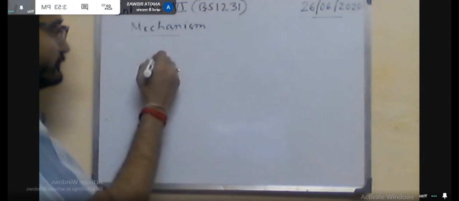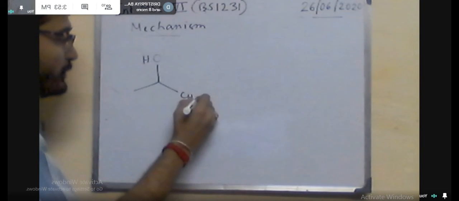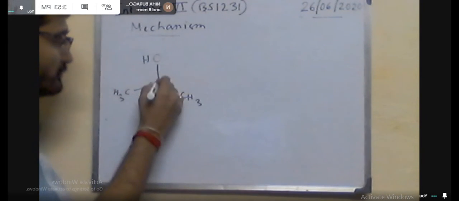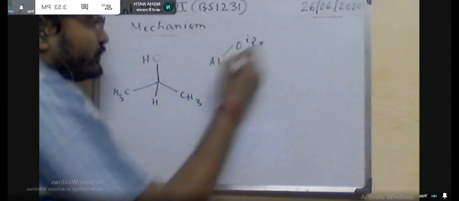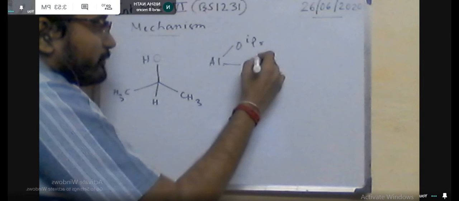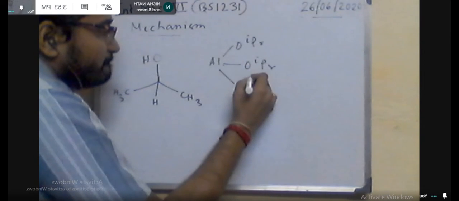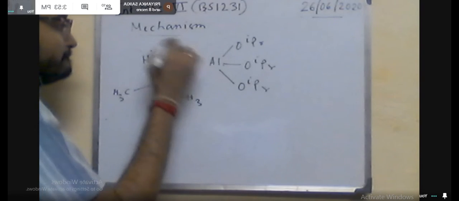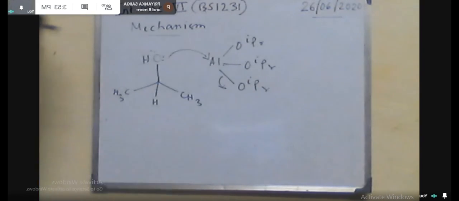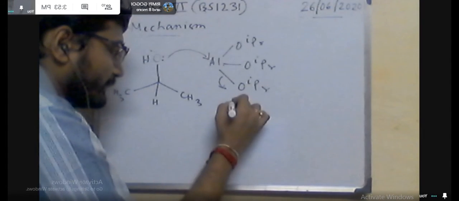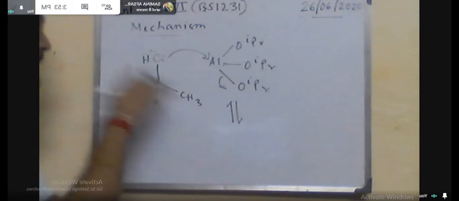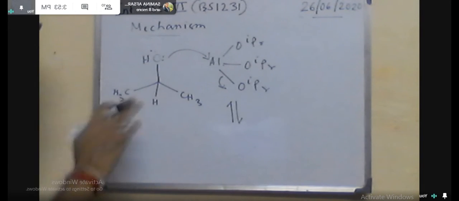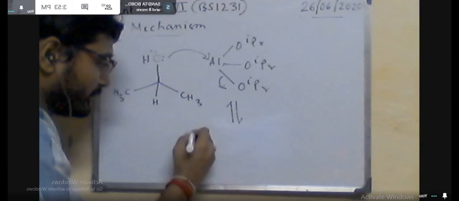Okay, next, after formation of this, sorry, the first step, this is R prime OH, not CH3, not isopropanol, this is the 2 degree alcohol plus aluminium.